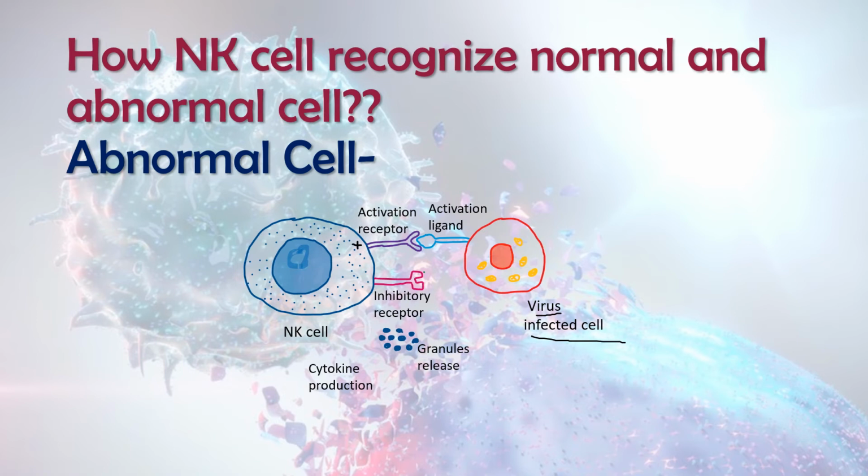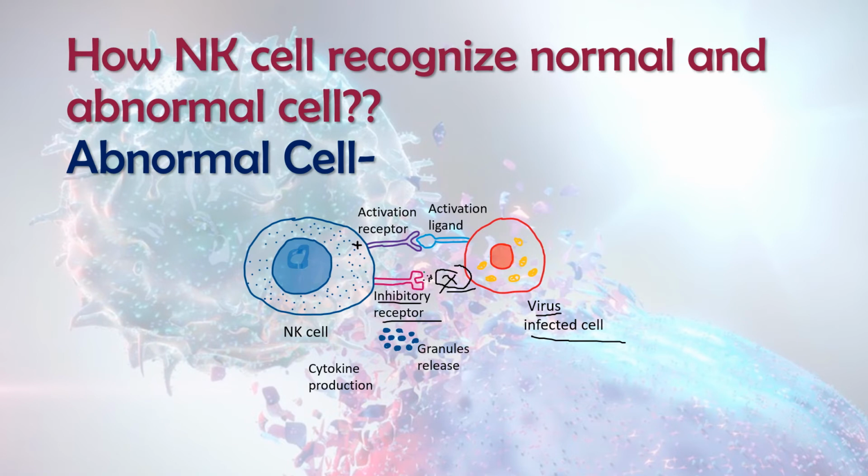Okay, in this case the NK cell's inhibitory receptor fails to detect any kind of MHC molecule, because there is no MHC molecule, or it detects some foreign antigen on the MHC I molecule, as in the case of bacteria. But if an MHC class I molecule is displayed on the surface, then what kind of antigen it presents all depends upon the inhibitory receptors.